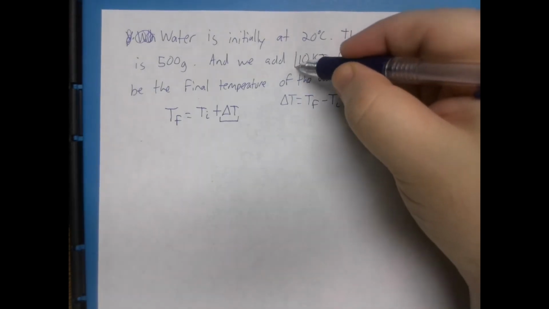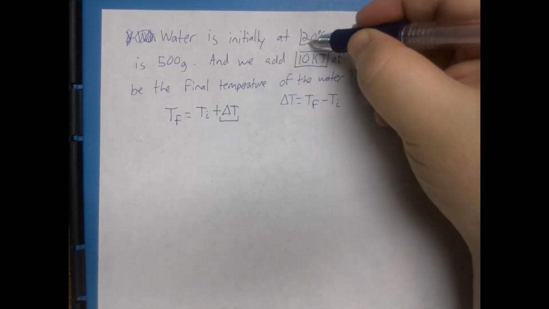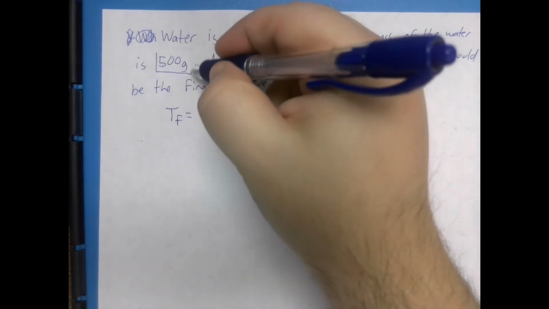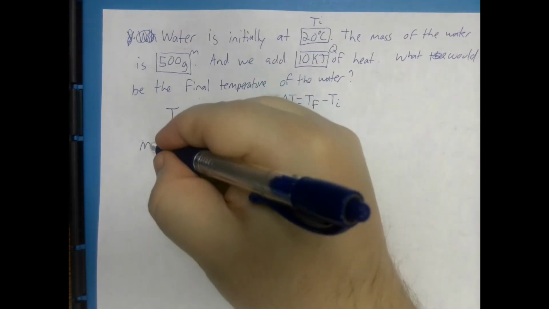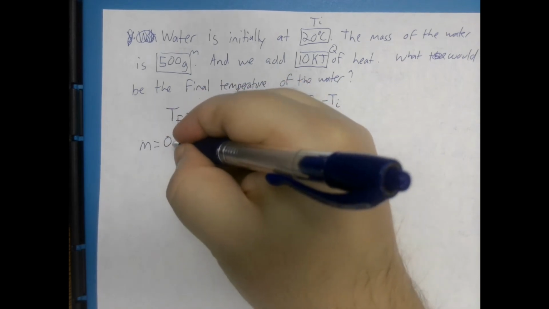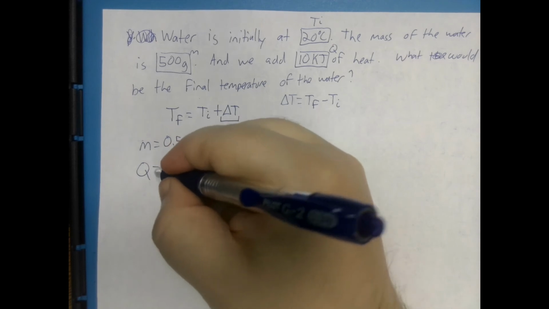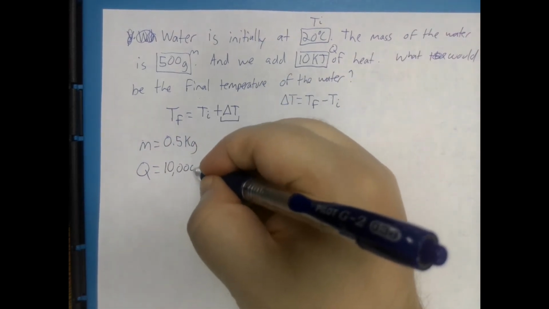So this is our heat. This is our initial temperature. And this is our mass. So mass needs to be converted into kilograms, so 0.5 kilograms. Heat needs to be converted into joules, so 10,000 joules.